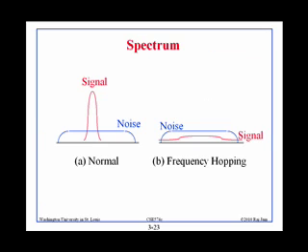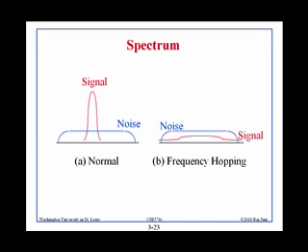All right, so frequency hopping. Now the net effect of frequency hopping is this. Generally you send a signal at one frequency, with a lot of power at that frequency. Noise generally is much lower power, but it is at all frequencies. If the x-axis was frequency and the y-axis was power, in the frequency domain, a normal signal looks like this. But with frequency hopping, we are sending some power at this frequency, some power at that frequency, some power at that frequency.